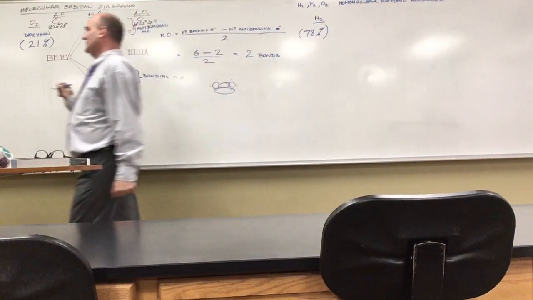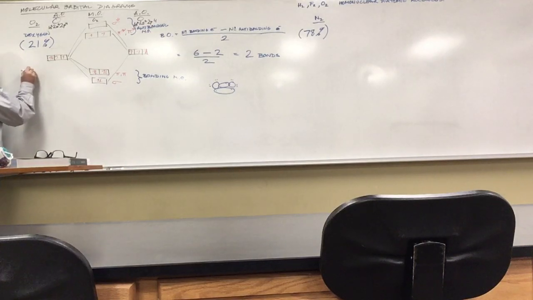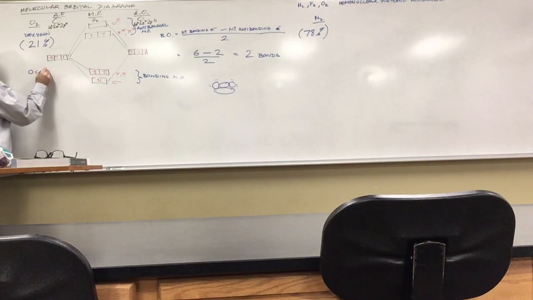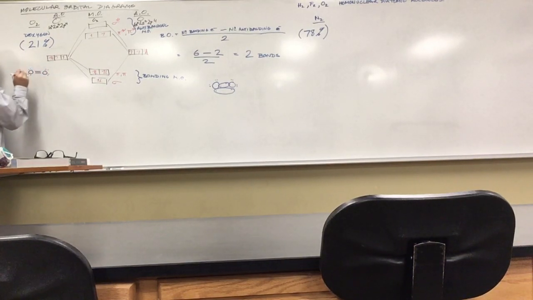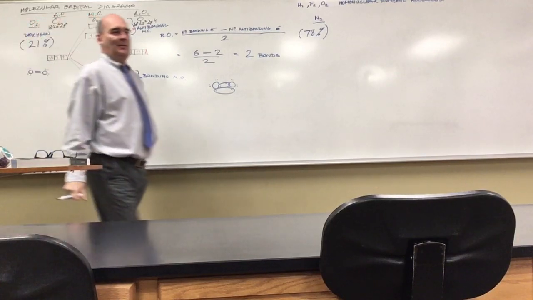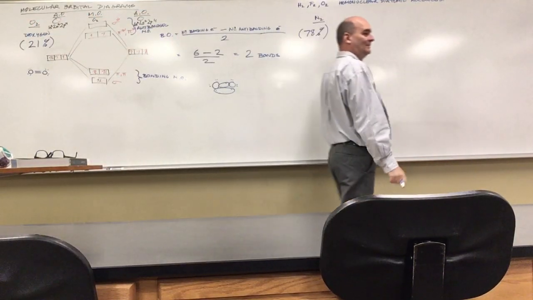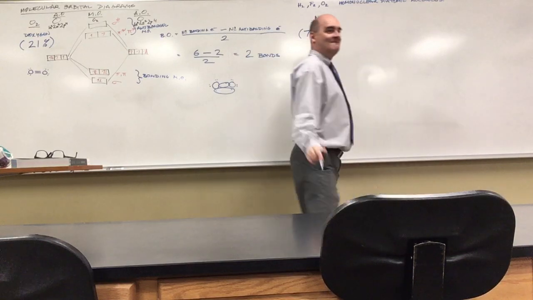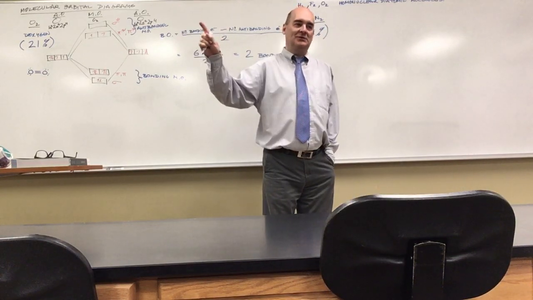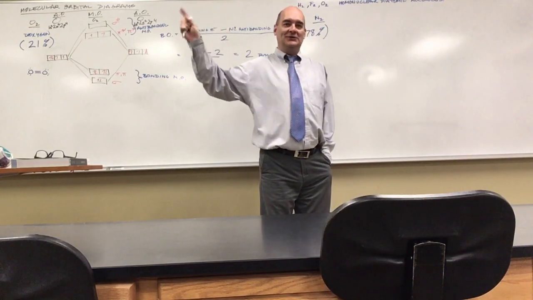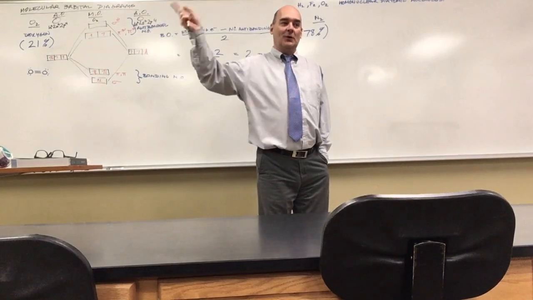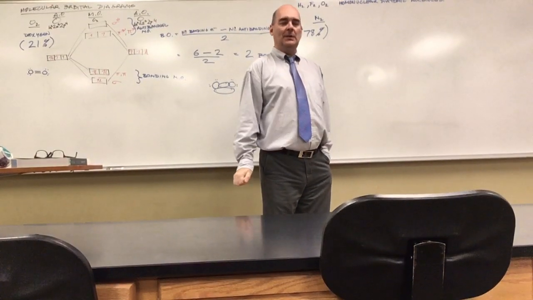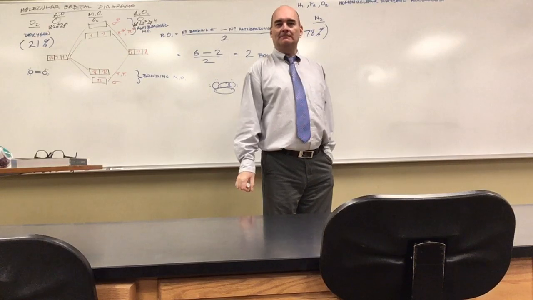And oxygen, it's a double bond. Oxygen's in group 6. 8 minus 6 is 2. So oxygen always makes 2 bonds. How many bonds does nitrogen always make? 3.